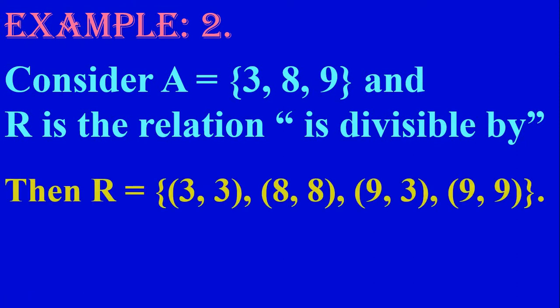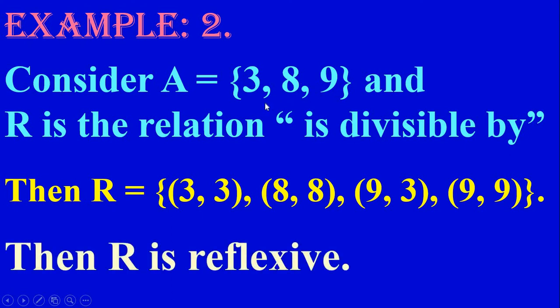So therefore the ordered pairs are (3,3), (8,8), (9,3) and (9,9). Here we have (3,3), (8,8) and (9,9), that is, the same element is related to itself. So therefore this relation is reflexive.